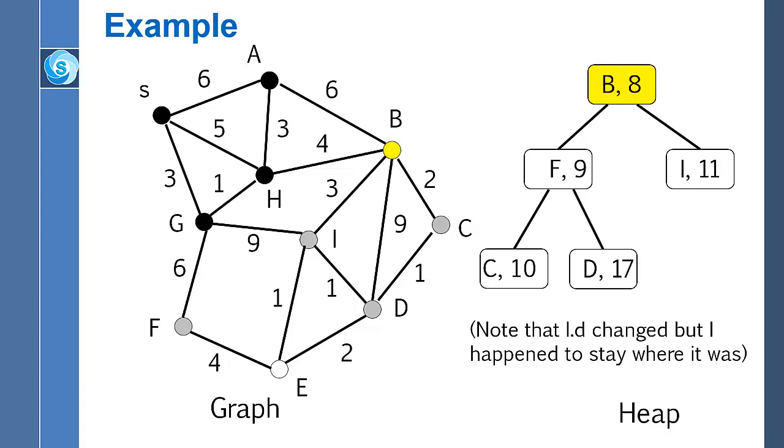Now, what about the neighbor capital I? I is certainly a neighbor of B, and it has not been processed yet. So we have to consider B.d plus the weight of the edge connecting B to I. Well, that would be 8 plus 3, and that's equal to 11.